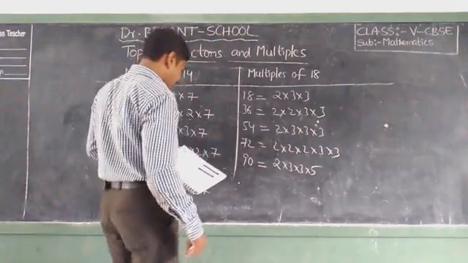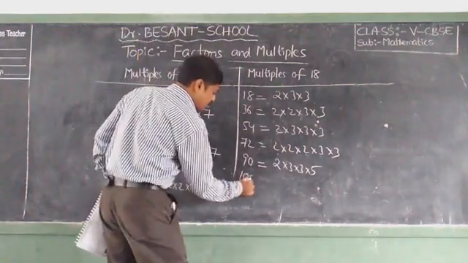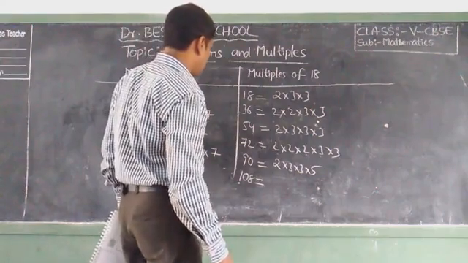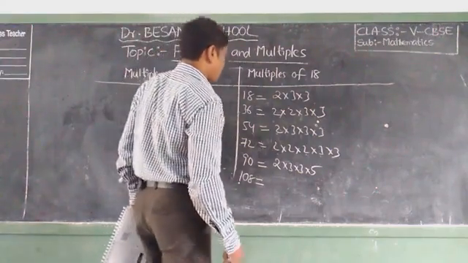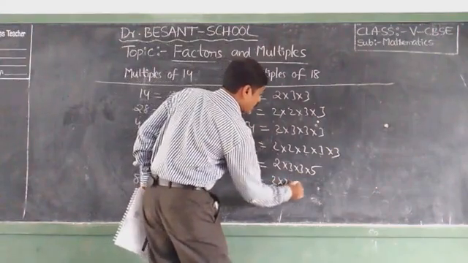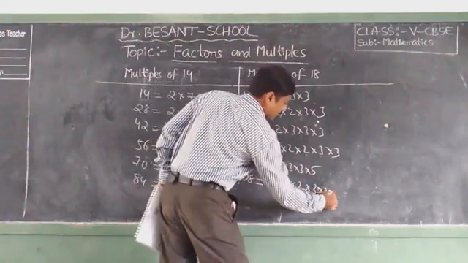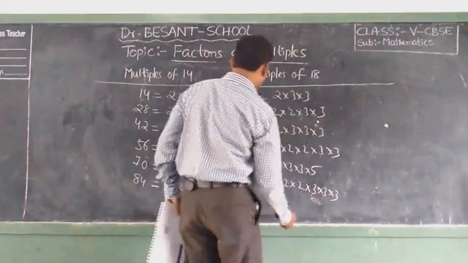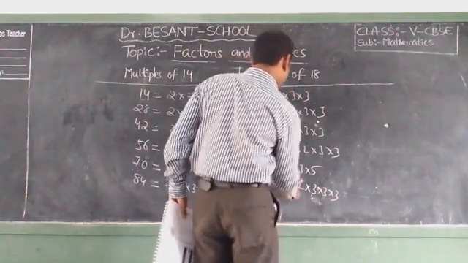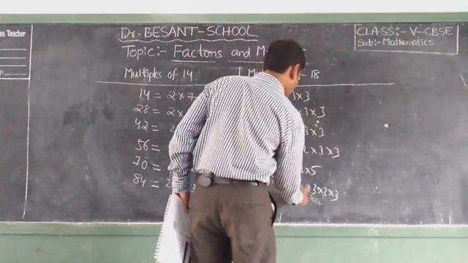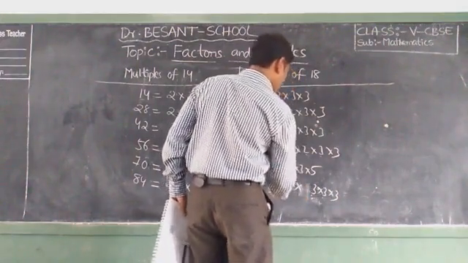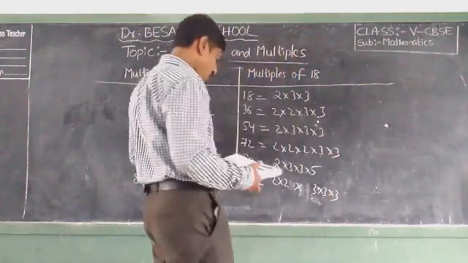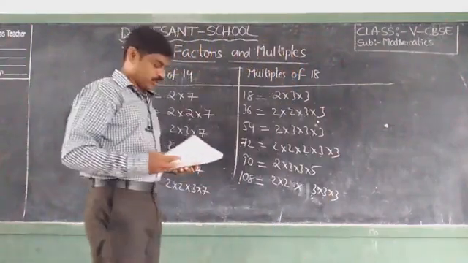Next 108 is equal to 2 into 2 into 3 into 3 into 3.